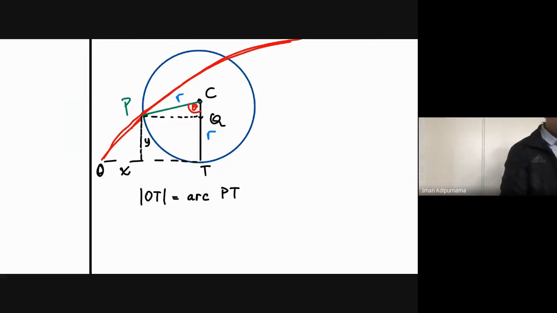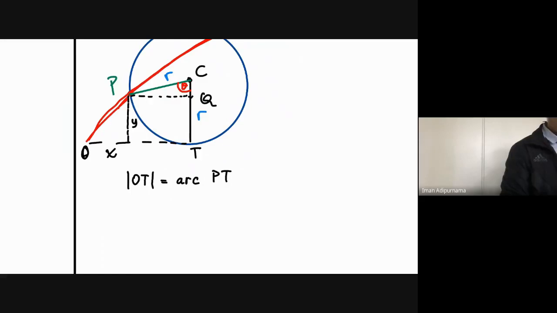So we can write r and theta, and it will be the distance, the arc PT. In this situation, PT is equal to the distance of OT. Let me define this as it is.